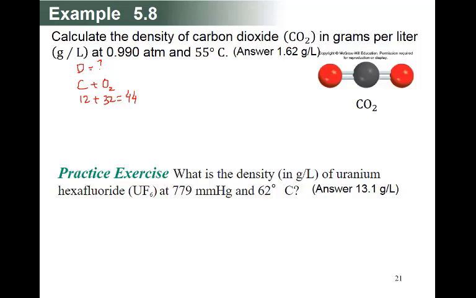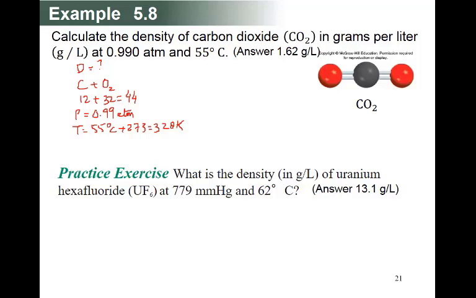Molar mass is 44 and pressure is 0.99 atmosphere and temperature is 55 degrees centigrade. You have to convert to Kelvin, so plus 273 is equal to 328 Kelvin.